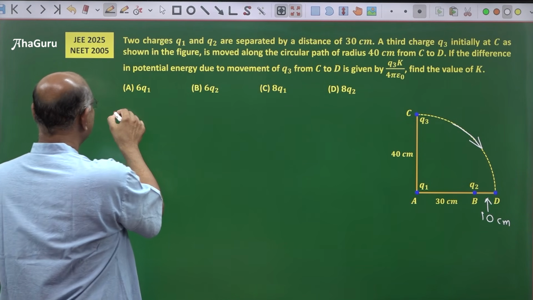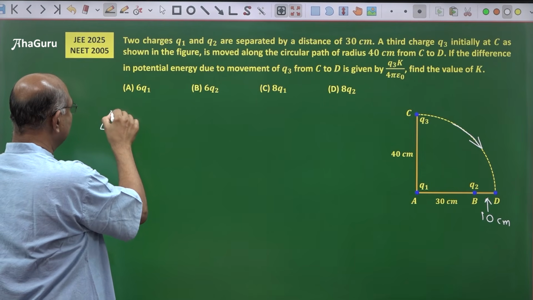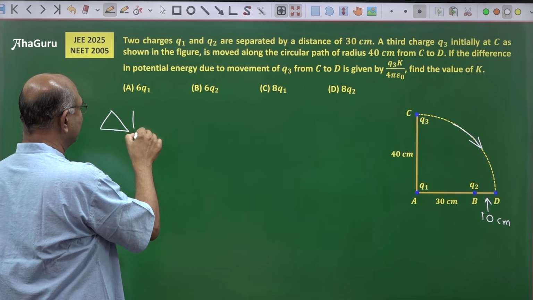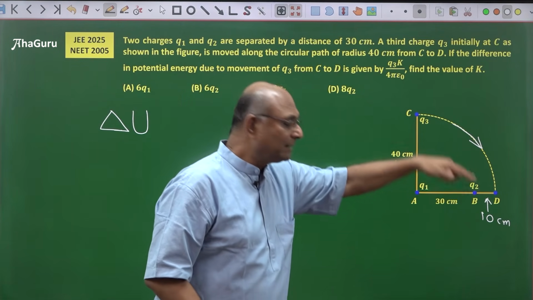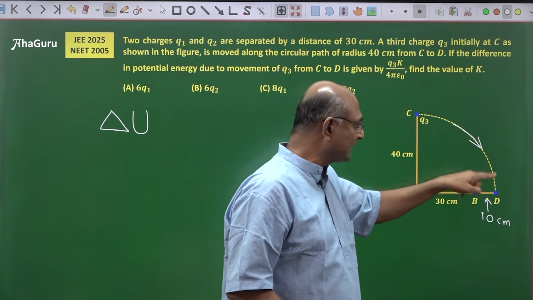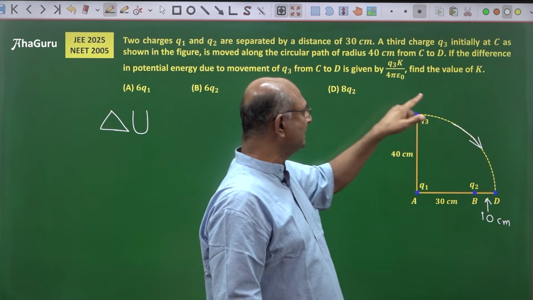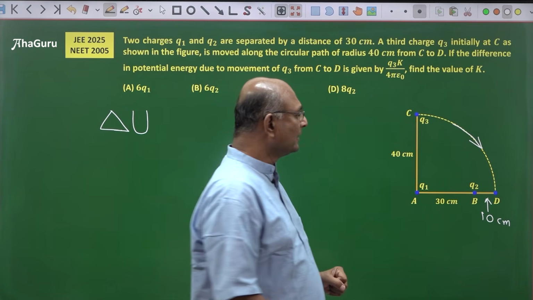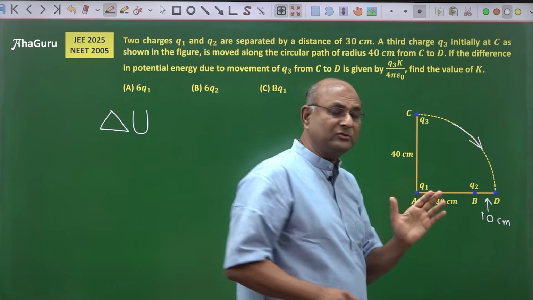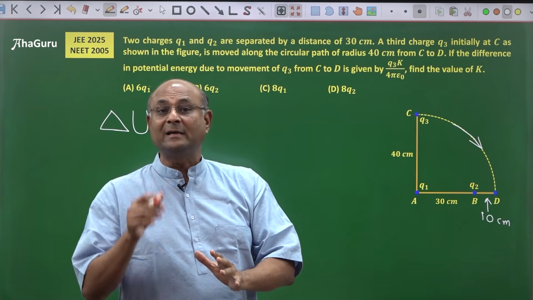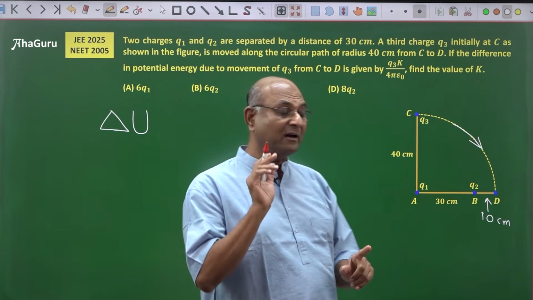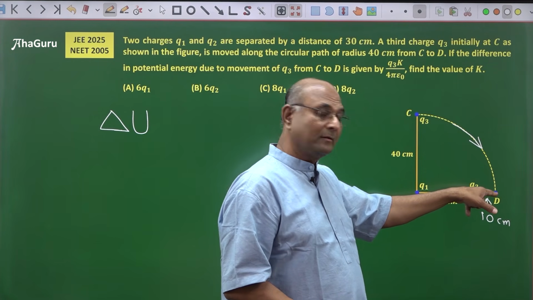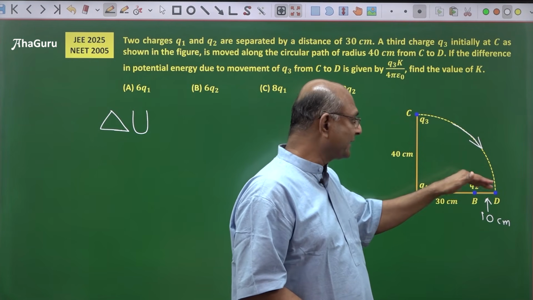Let me write that the change in the potential energy, generally we write delta U. It is always final minus initial. This is the initial, that is the final, right? So final energy minus initial energy, you can write it as Q3 times delta V. Potential drop is initial minus final.